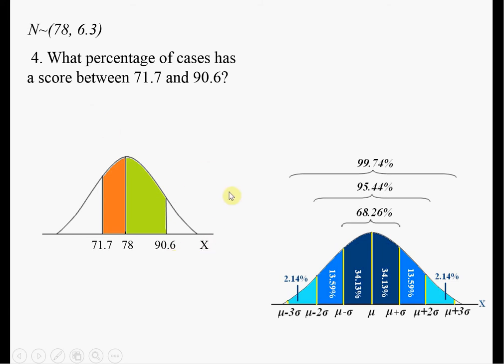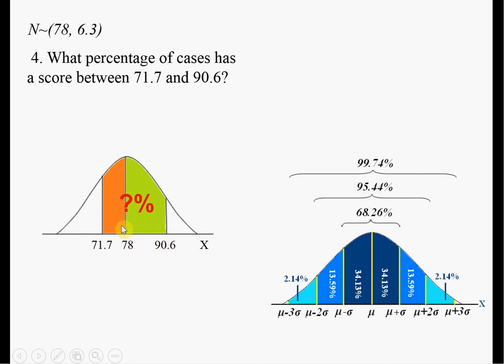So this question obviously asks us the size of this entire interval, and what we can do is to first find out the size of this orange interval between 71.7 and 78. Then we find the size of this green interval between 90.6 and 78.